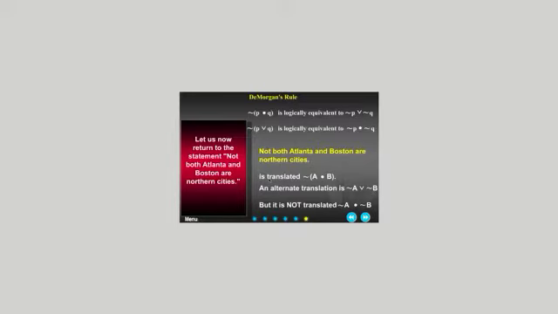So "not Atlanta and Boston are beautiful" means either Atlanta is not beautiful or Boston is not beautiful. That's really what that means. But we can't translate it as "not Atlanta is beautiful and not Boston is beautiful." You can see that this leaves open that Boston is beautiful. This does not.